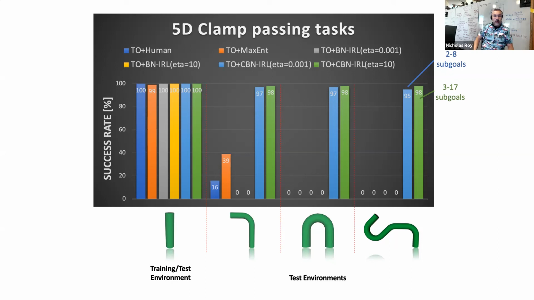But as we get to more complicated tasks, like this U-shaped pipe or this weird S-shaped pipe, Bayesian nonparametric inverse reinforcement learning is still able to do well on both, but eta here basically corresponds to how many subgoals you need to give, and it's a lot. It's as many as 17 subgoals, and that of course affects computation time substantially.